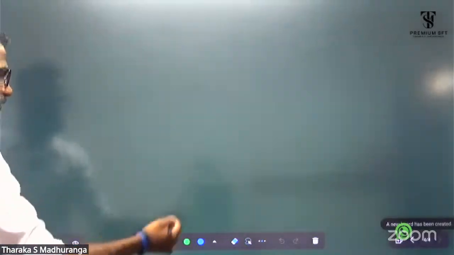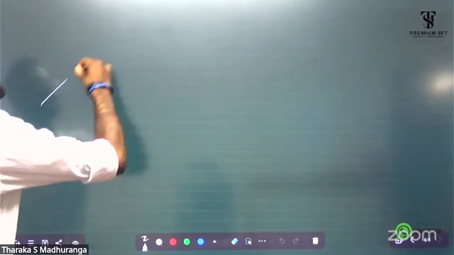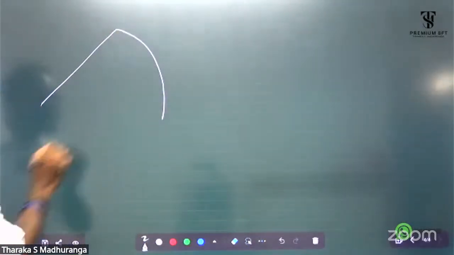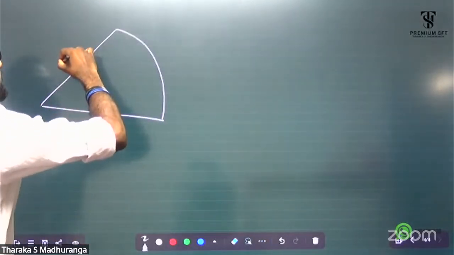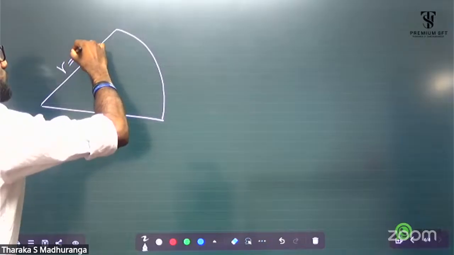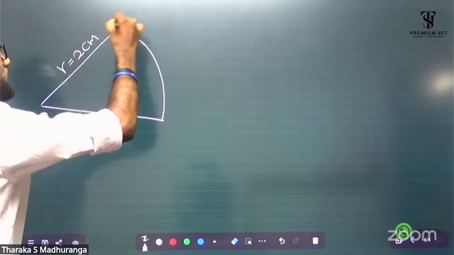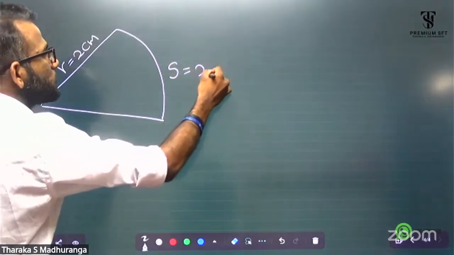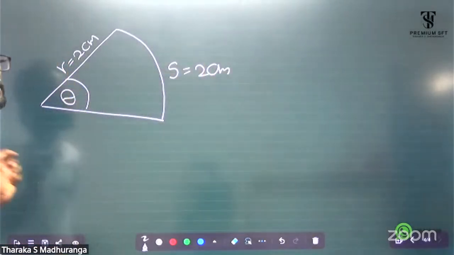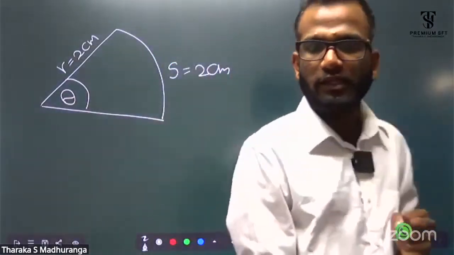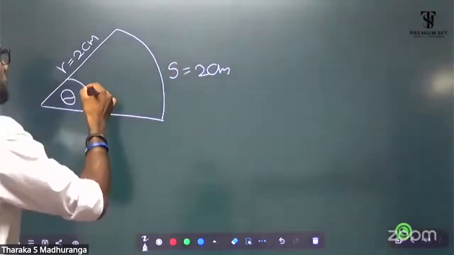If you have an angle with the same radius and the same arc length, think the radius is 2 centimeter and the arc length is also 2 centimeter. This angle we call theta. This theta is the 1 radian.